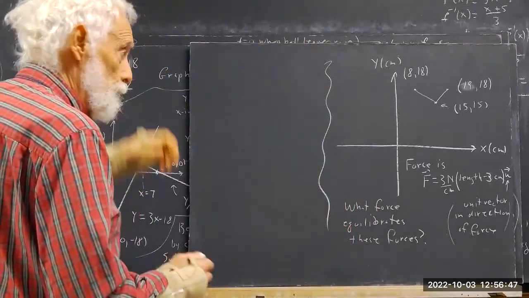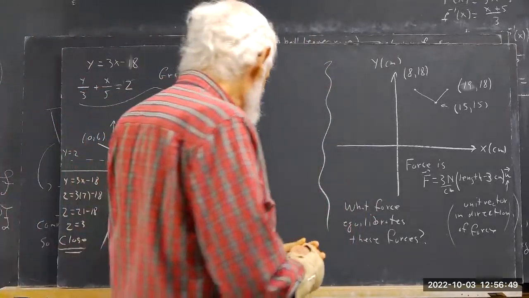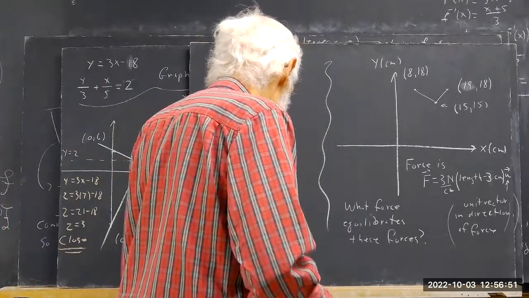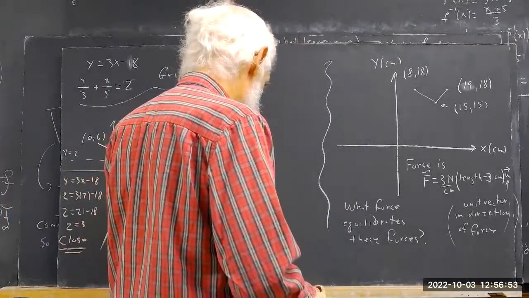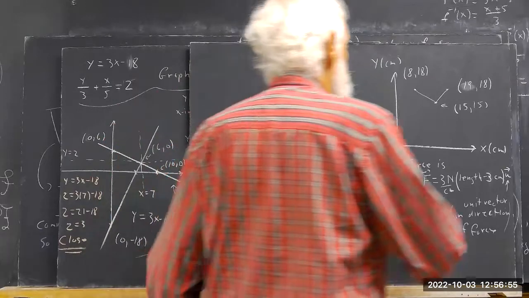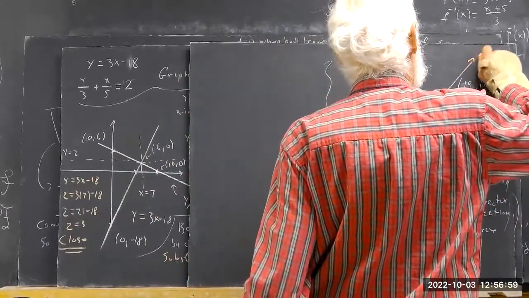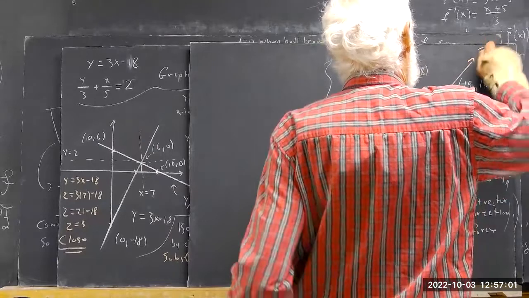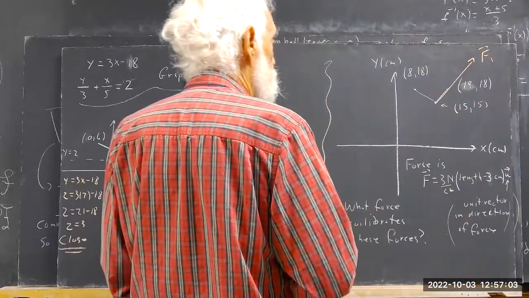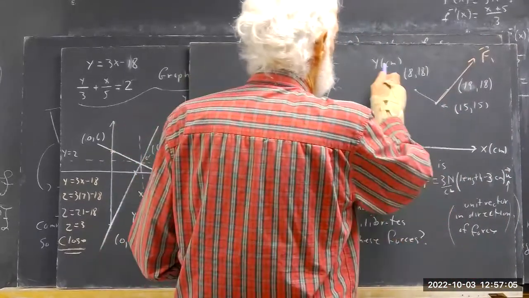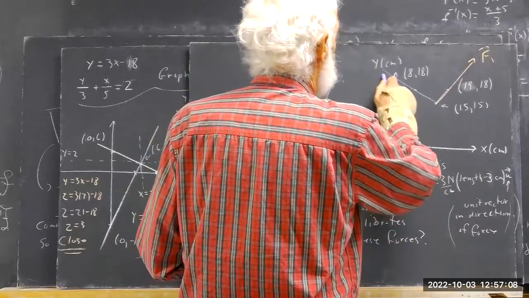The way I'm going to do this is, first of all, I'm going to use different colors here. I've got a force F1 in this direction and a force F2 in this direction.